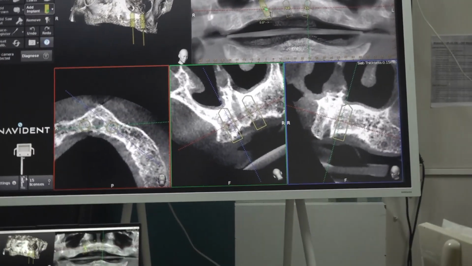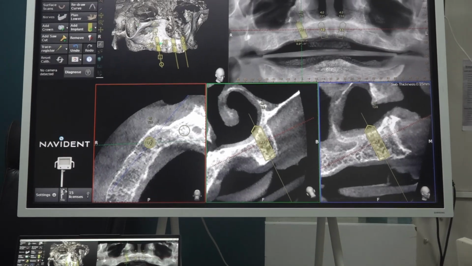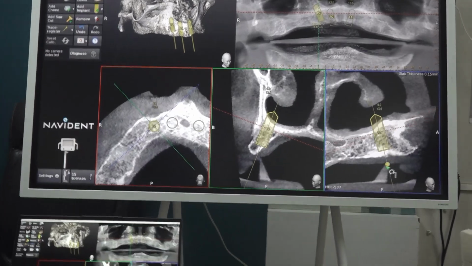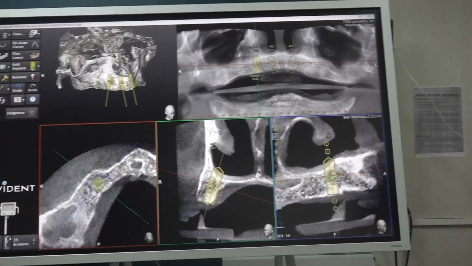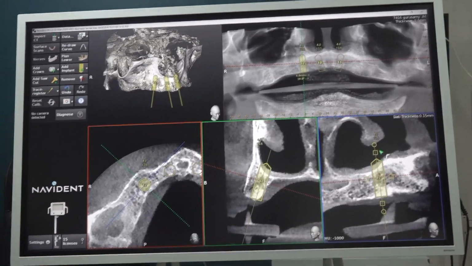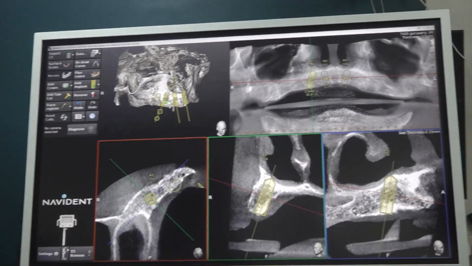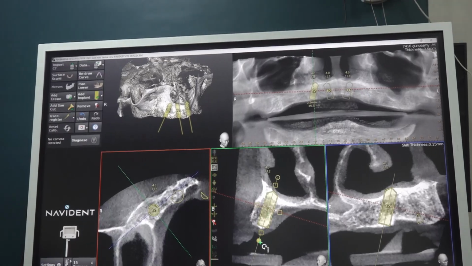And we plan for the buttress, nasomaxillary buttress or pterygoid buttress. So we will start from the, as usual, first premolar or second premolar area and drill them easily.